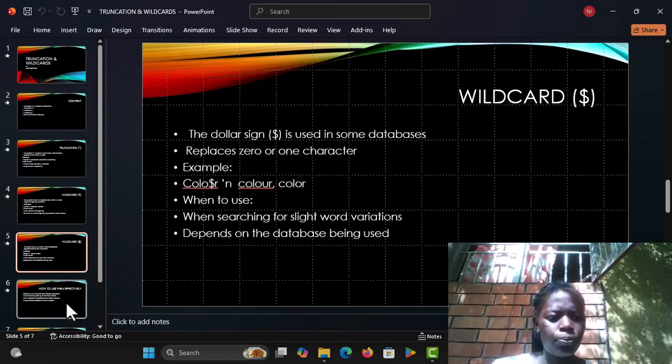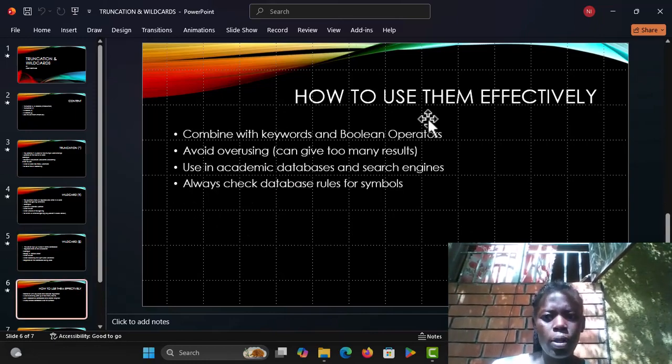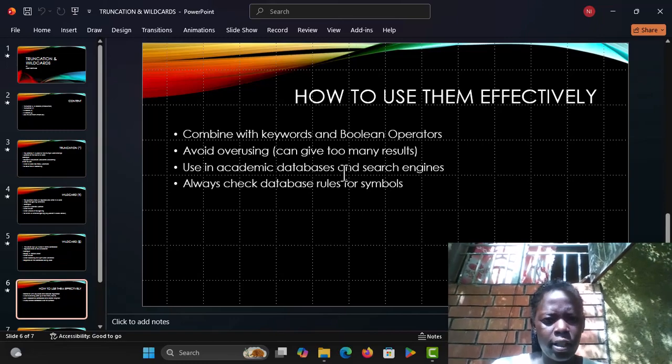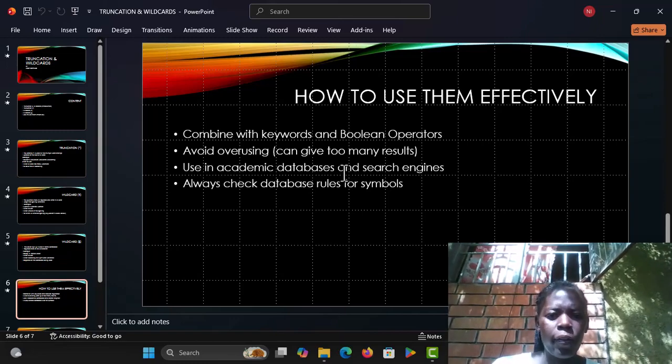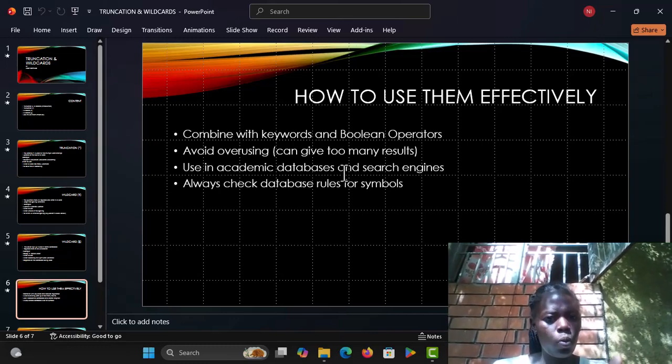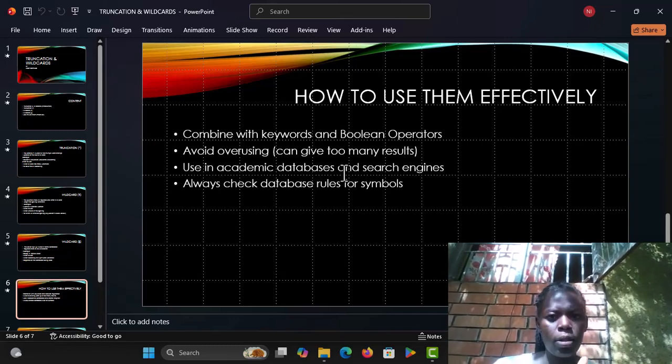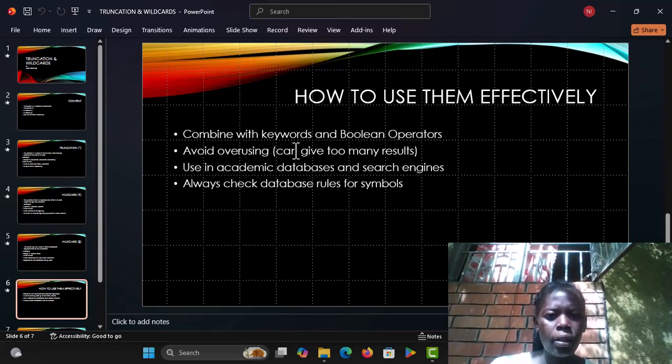So we have how to use them effectively. This shows us how we can use them effectively or how we can work best. We have combining with keywords and Boolean operators. When you combine the keywords and Boolean operators, it becomes perfect. And then avoid overusing, as it can give too many words.